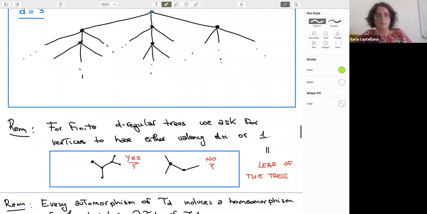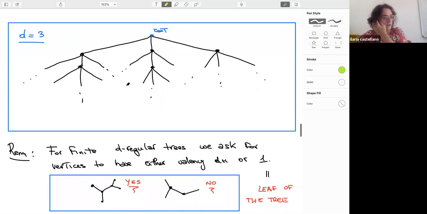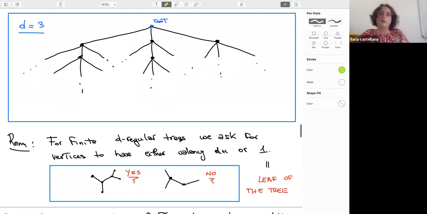Now, these are examples of infinite d-regular trees. Let's see what I'm going to mean by finite d-regular trees. If I say finite d-regular tree, I mean a tree where the vertices have either valency d+1 or valency 1, so they are a leaf of the tree.